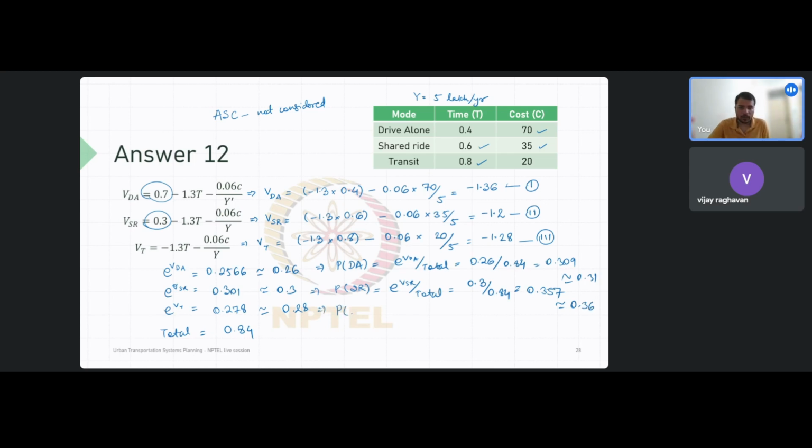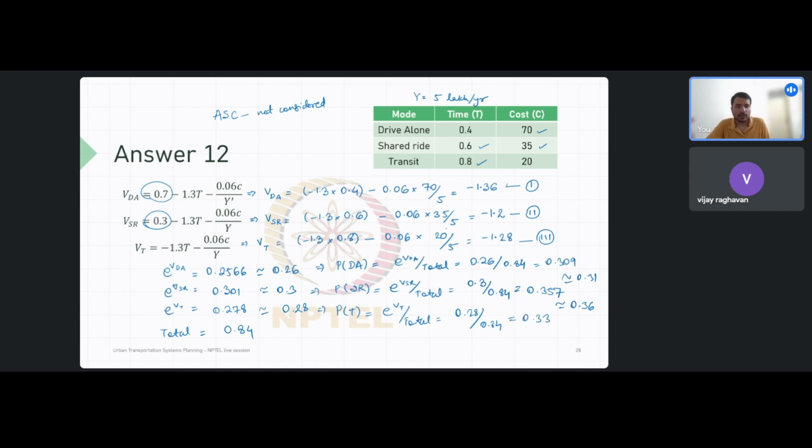Finally, we have probability of transit, e power VT by total. So e power VT is 0.28 by 0.84. This will be around 0.33, I think. It's coming as 0.33.